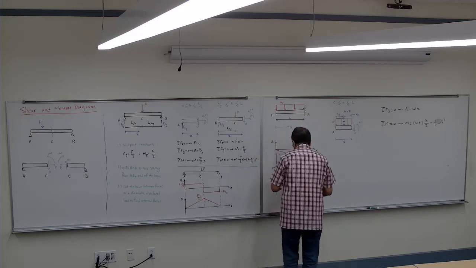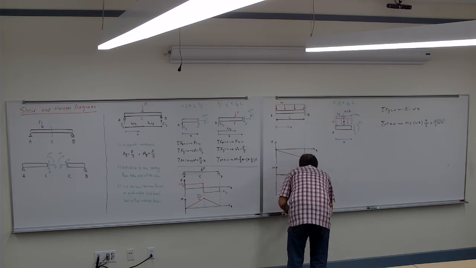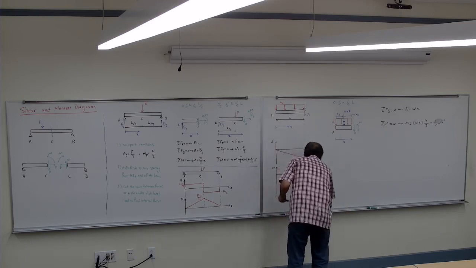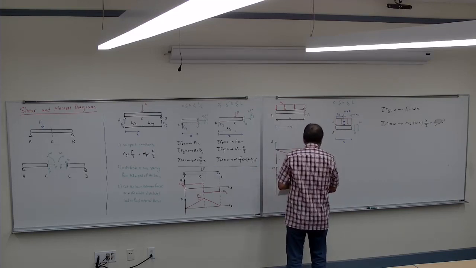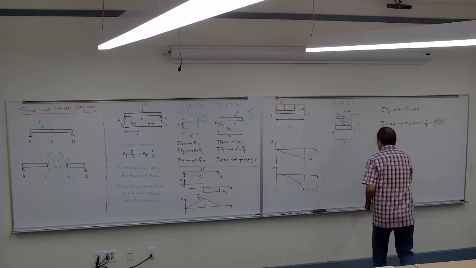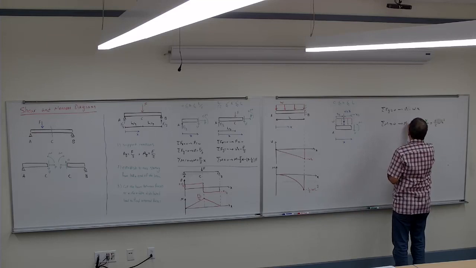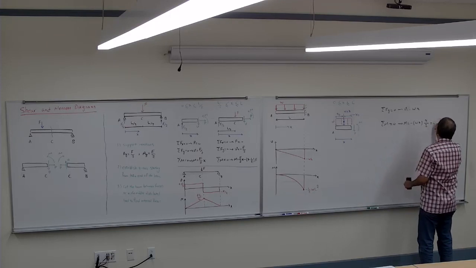And at that point, it's going to be negative WL squared over 2. So also the moment will be negative, and it's negative W over 2 times x squared.